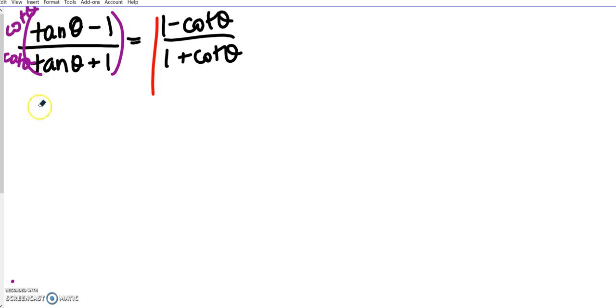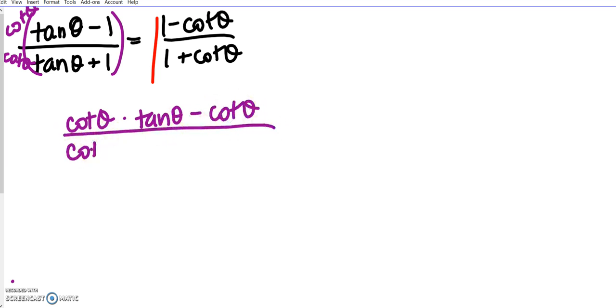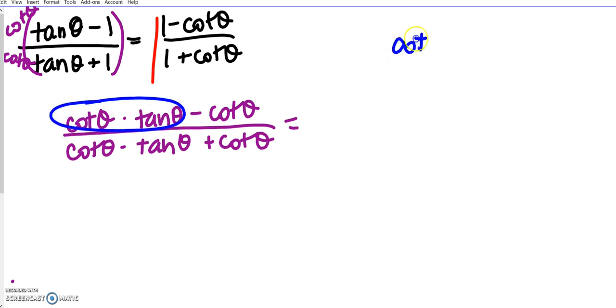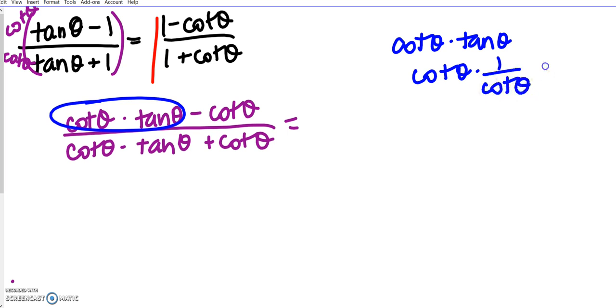So now I'm going to actually multiply in. So I've got cotangent of theta times tangent of theta minus cotangent of theta over cotangent of theta times tangent of theta plus cotangent theta. And I'm still trying to get it to equal this red side. Well, this right here, cotangent of theta times tangent of theta, is really the same thing as cotangent of theta times 1 over cotangent of theta.